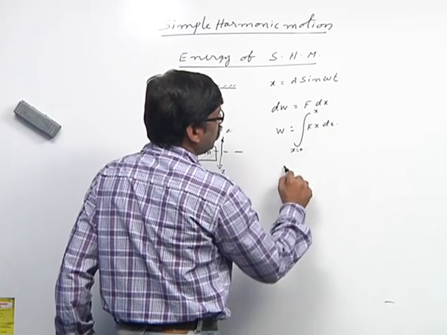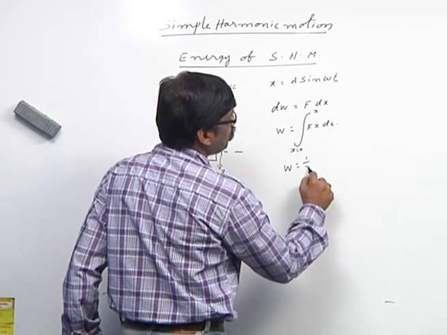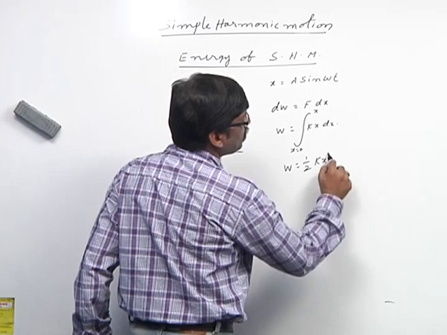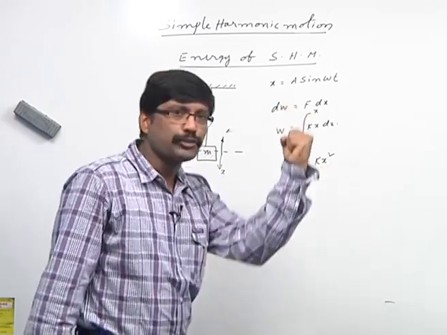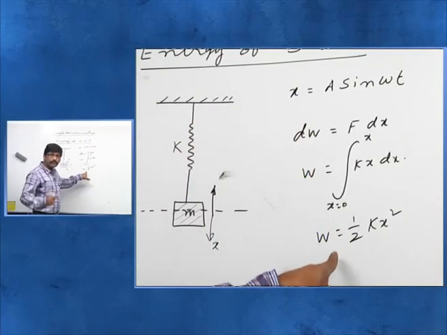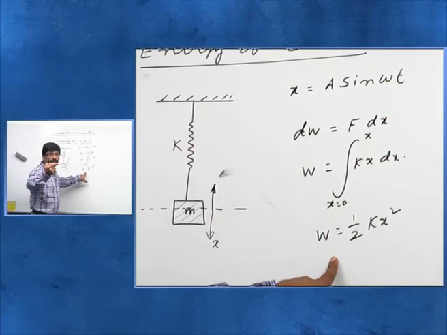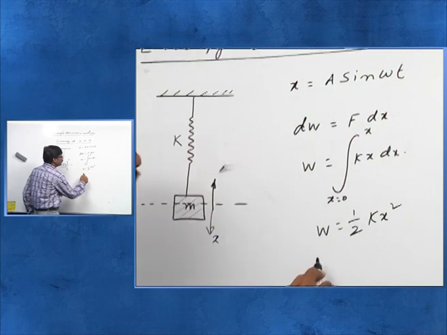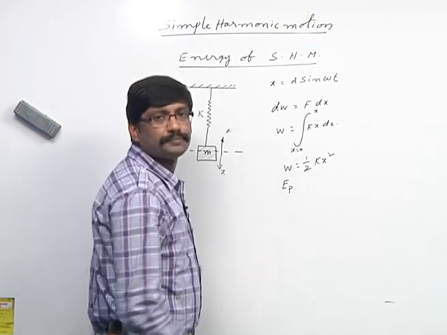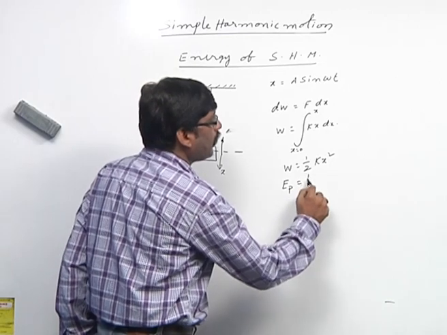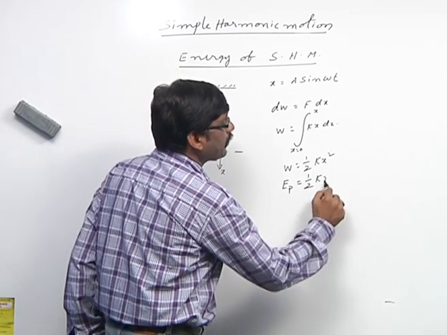If I integrate, I will get work done is equal to half kx square. This work is stored as elastic potential energy, which we call Ep, equal to half k x square.